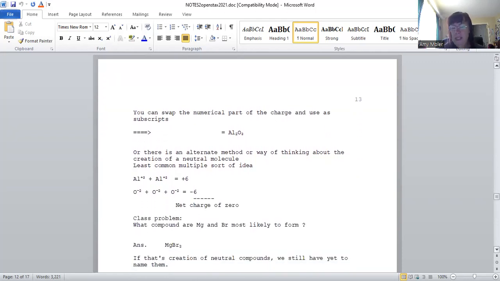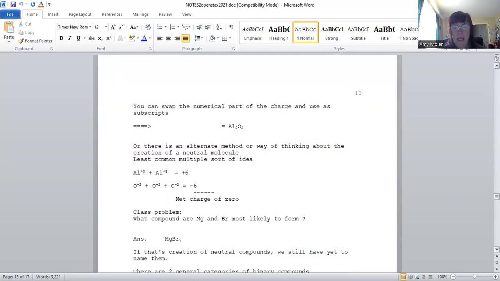But it really is based on the least common multiple concept. So 2 aluminums gives you 6 positives. 3 oxide ions gives you 6 negatives. And that way you have an equivalent number of positives and negatives. So Al2O3.